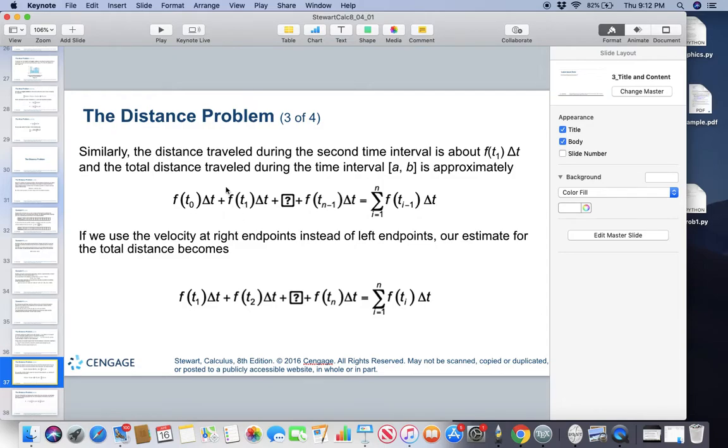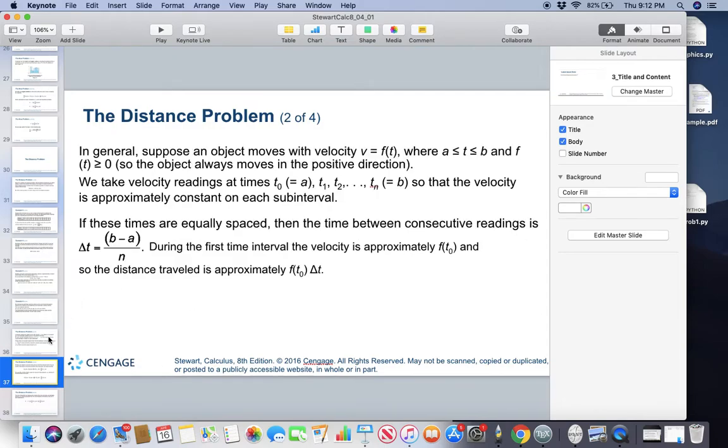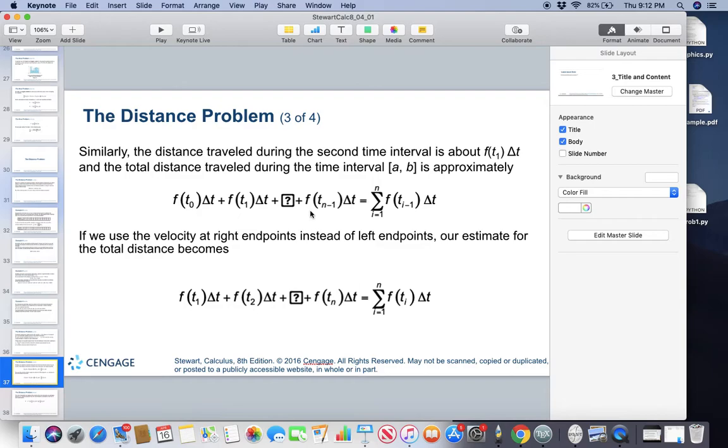For every split, you're taking a particular time. So for the first split, t0 to t1, you're assuming ft0 is the velocity. For the second split, t1 to t2, you're assuming ft1 is the velocity, and so on. Okay, and or you could start from the right hand side. So this is the left endpoint sum.